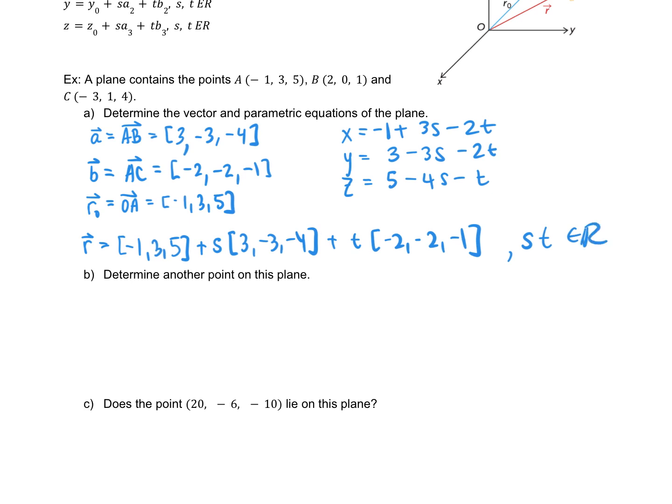And now, if I want to determine a point on the plane, I can just pick whatever values I want for s and t. And I'm just going to say s is 1, t is 1, and let's see what we get.